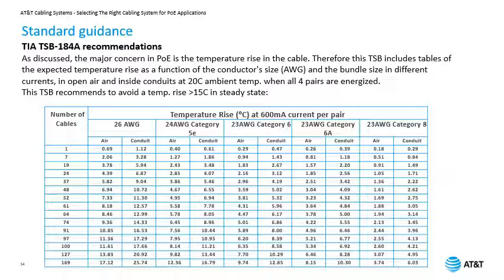And you can see that the smallest conductor size, which is 26 AWG, has a higher temperature rise when we increase the bundles, while the 23 AWG Category 6A has a lower temperature rise than the small conductor.